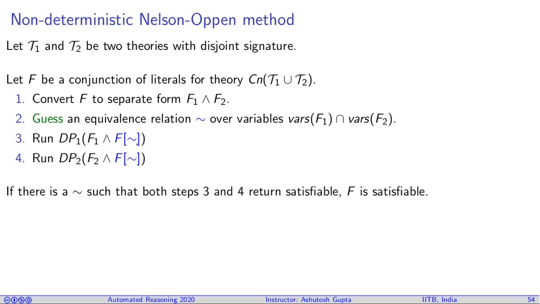If there is an equivalence relation such that steps 3 and 4 return satisfiable, then the formula is satisfiable. Otherwise, the formula is unsatisfiable. Remember that a guess step is required. This is a non-deterministic algorithm. You make a choice of equivalence relation among the common symbols, and then run your decision procedure for both theories. If they come back satisfiable, then you have satisfiability. If not, then you don't know yet. You need to run for all possibilities.